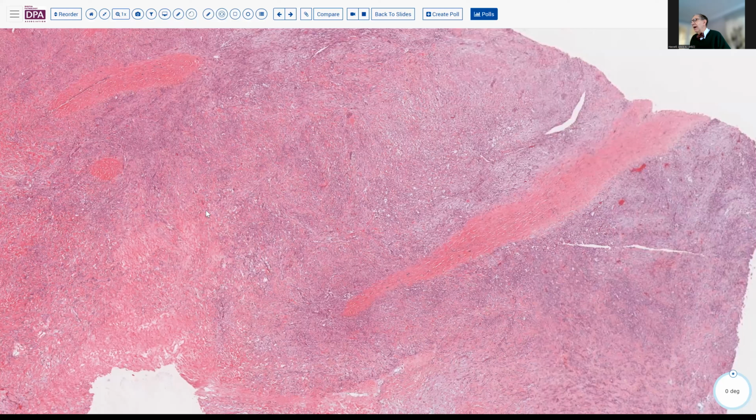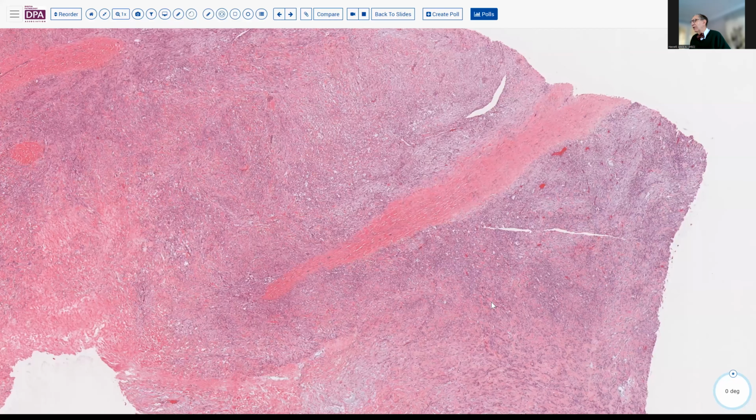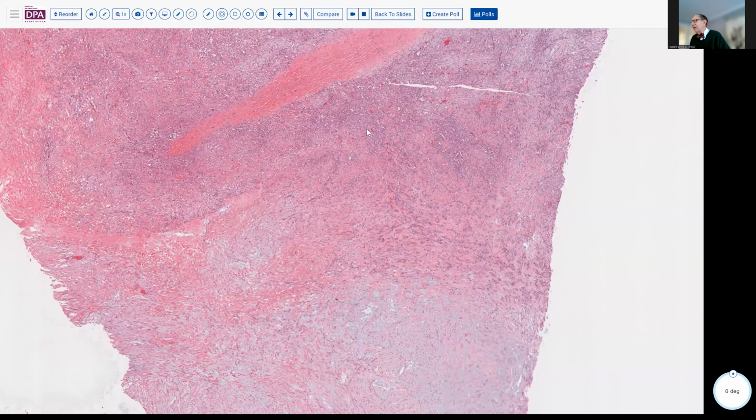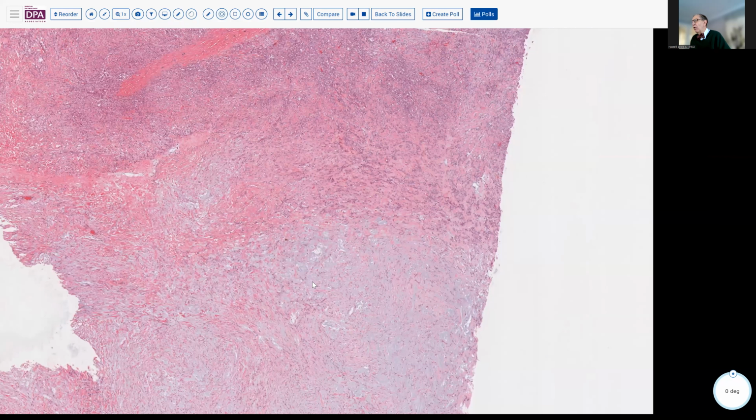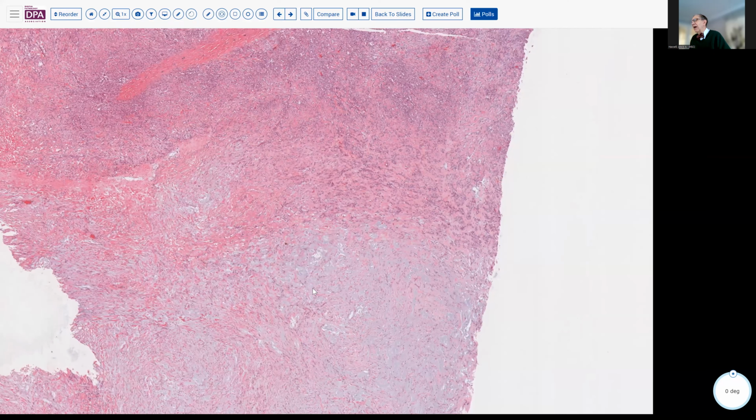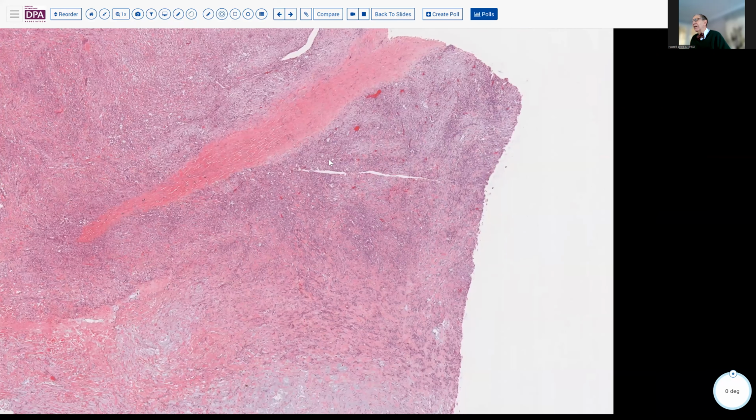And there is a natural history, so sometimes these will resolve spontaneously if the surgeon doesn't get there in time. So that's kind of a nice feature. But this, I think, nicely demonstrated this zonation with the central, more immature area, and then the peripheral, collagenizing, more inflammatory process.